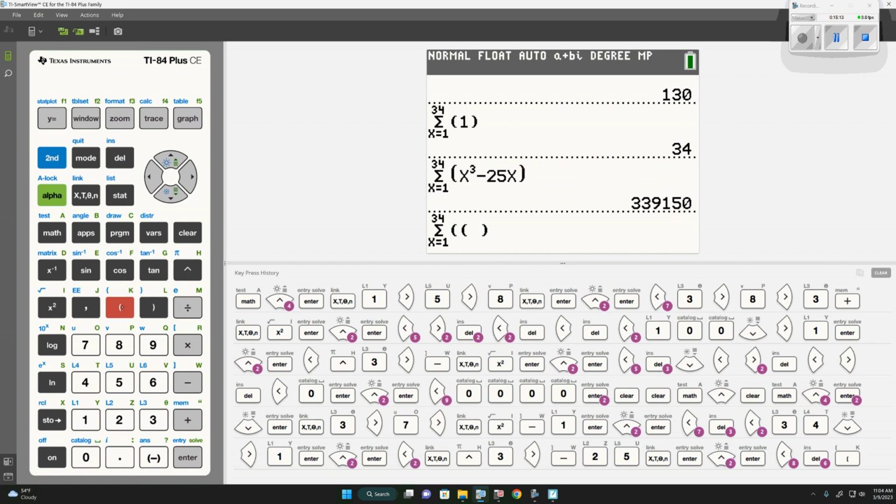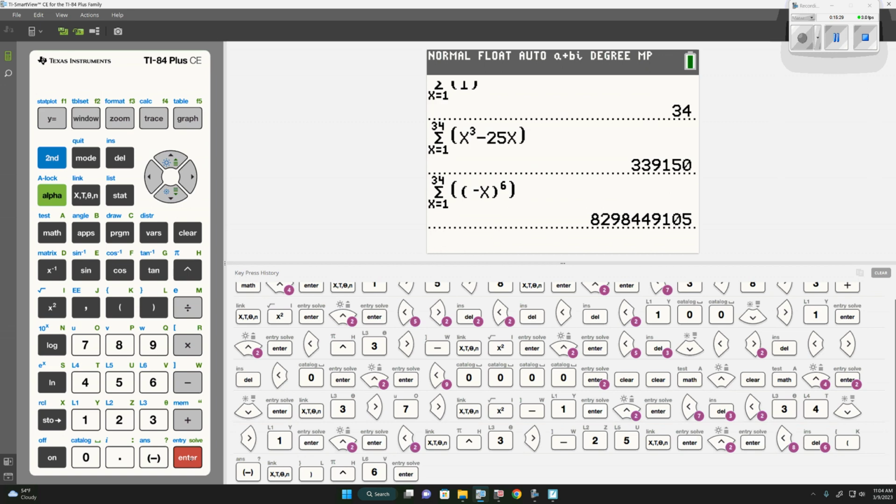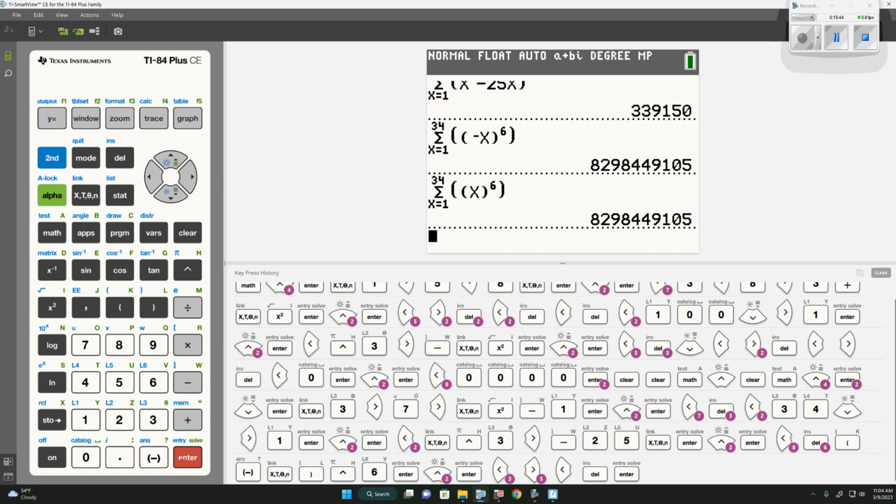Now let's do negative x to the 6th power. What do we think? Should be a pretty big number. So we get this here. What's interesting, if we take that negative out, you'll see the exact same thing. I know what I was thinking of.